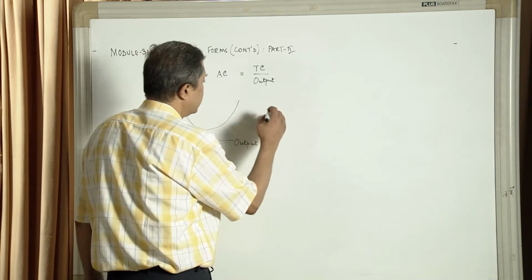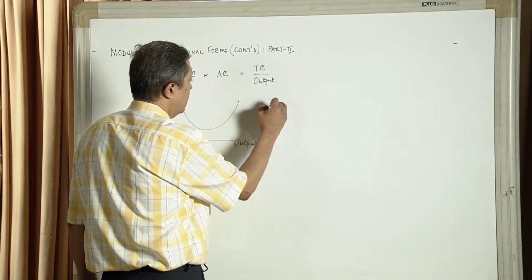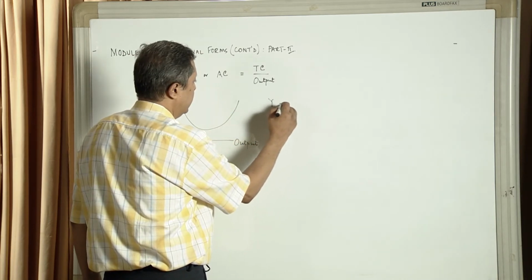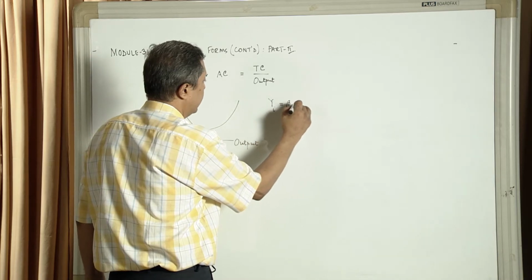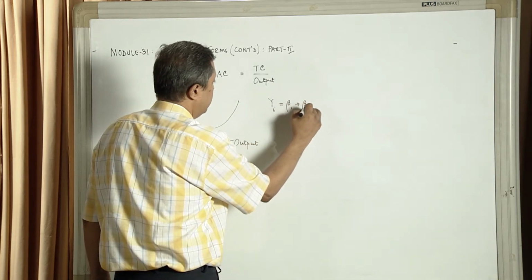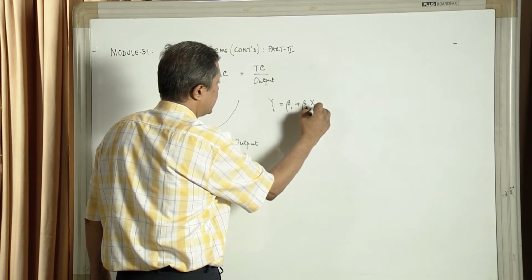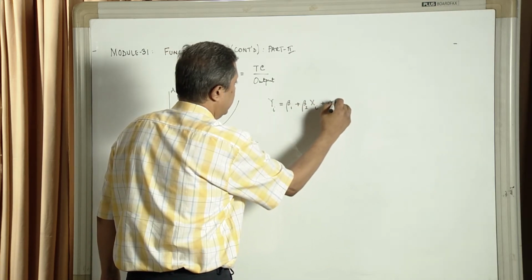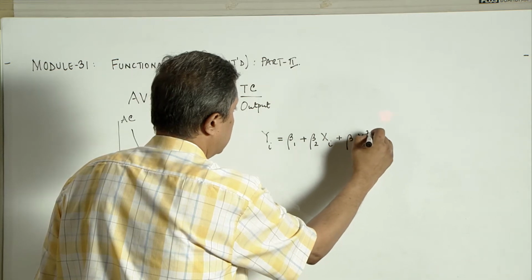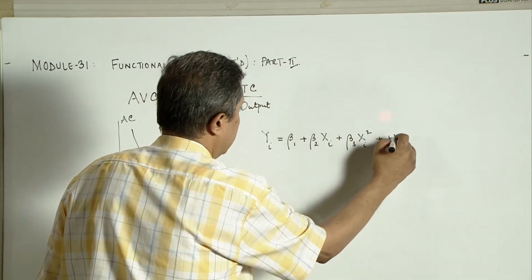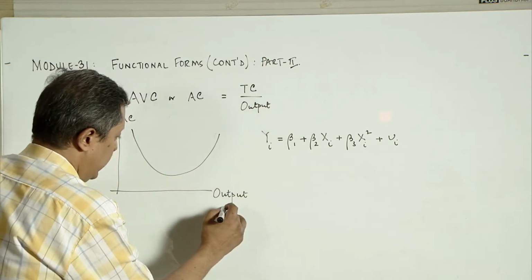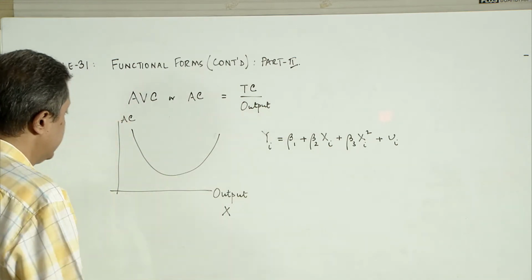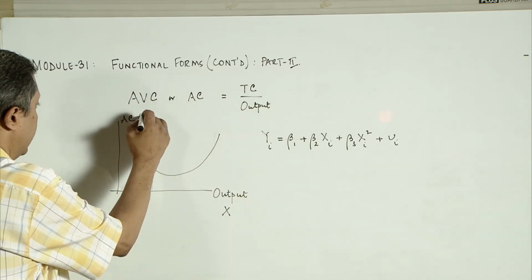So, what we write is, in general, yi is equal to beta 1 plus beta 2 xi plus beta 3 xi squared plus ui. We denote output as x and average cost as y.